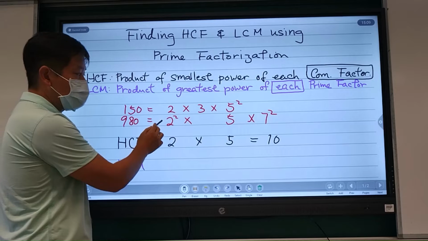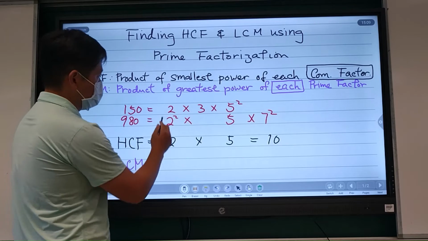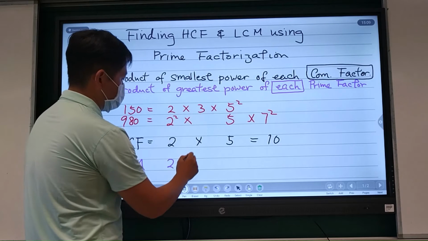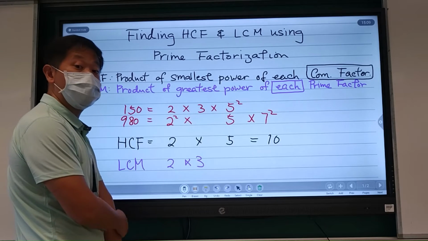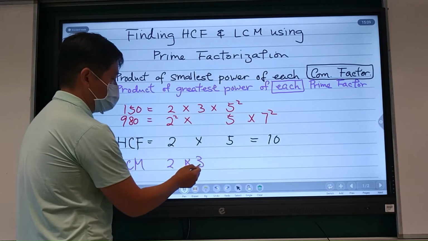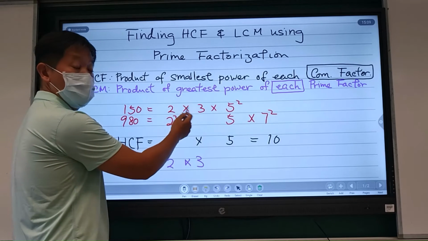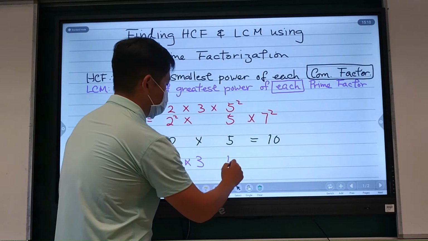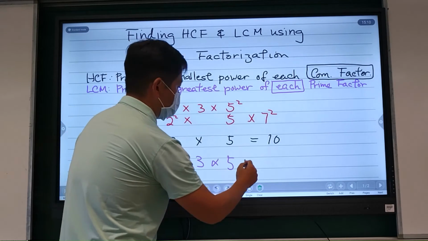If there's a factor there, I'm going to use it in my LCM. So I use the 2, times 3. Remember, we do not need a common factor. 3 is a factor, so I bring it down, even though only one of the numbers has it. Then 5, and finally the 7.